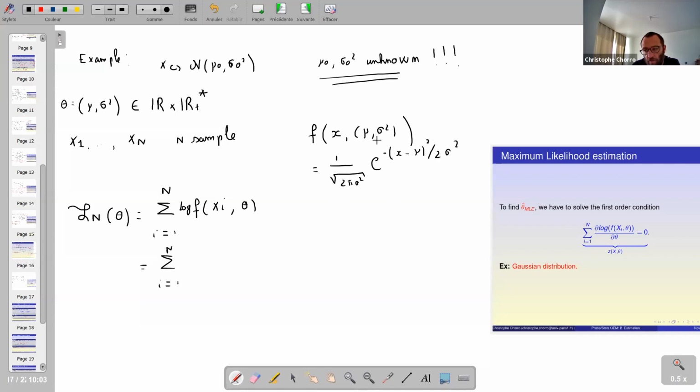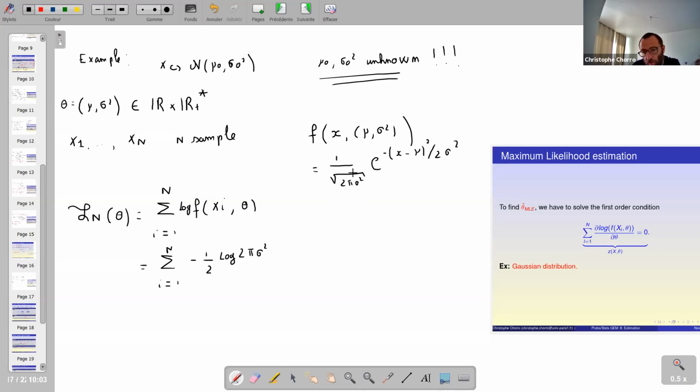I have the logarithm of a product, that will be the sum of the logarithms. I have 1 over the square root. So if I take the logarithm of this first term, I obtain minus 1/2 the logarithm of 2 pi sigma squared.